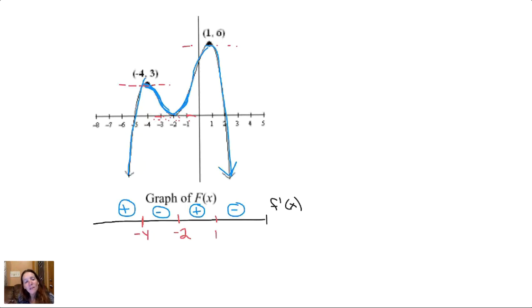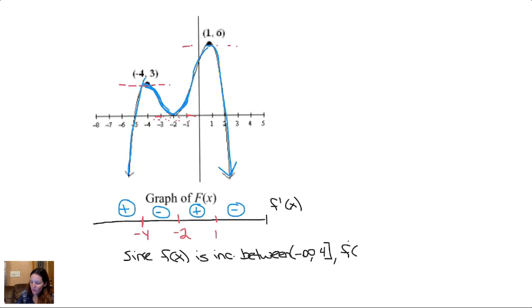Now, if I were going to defend this on an AP test or a free response on my test in class, I would probably say something like, since f of x is increasing between -infinity and 4, f prime of x is greater than 0.